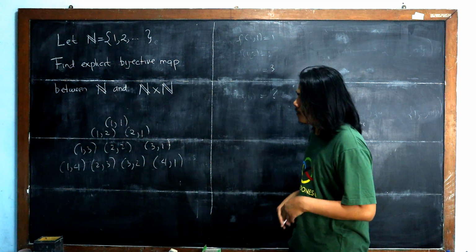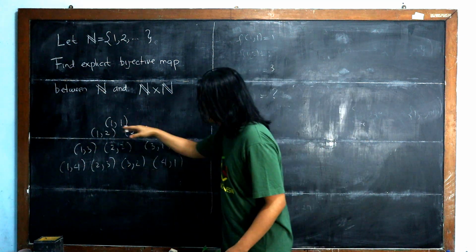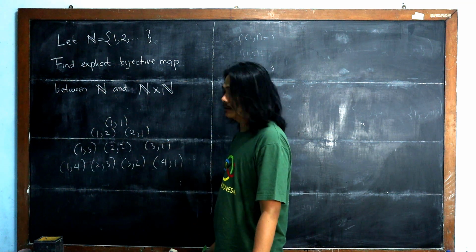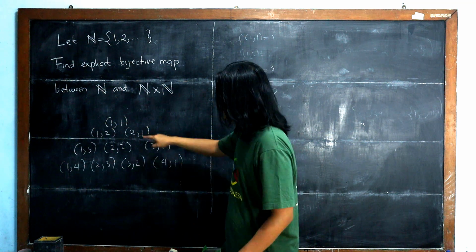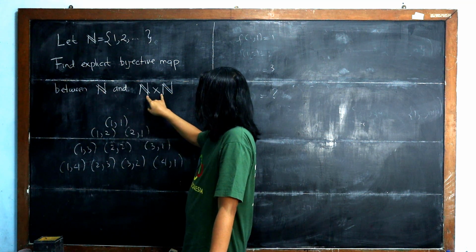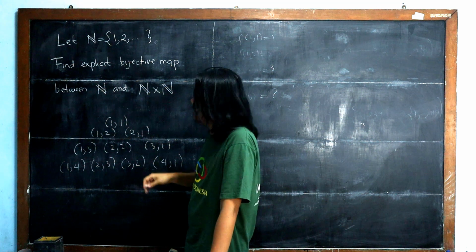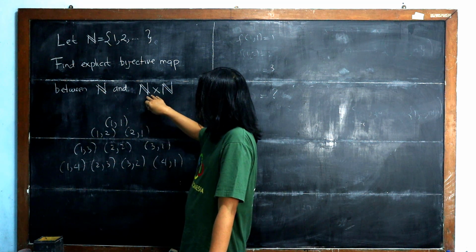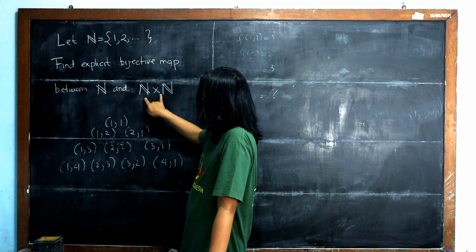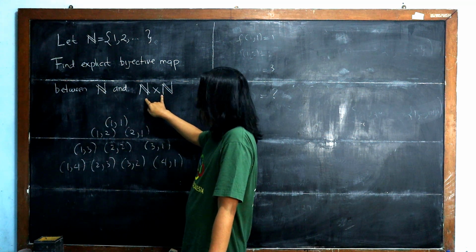Okay, so what is the pattern of this structure? First of all, we can think of the first element as the one with the smallest sum of all elements of N cross N.